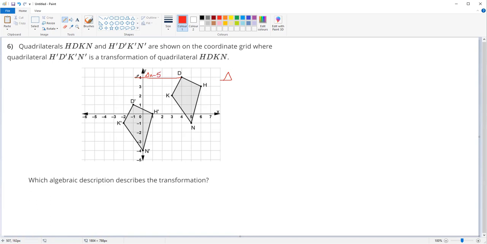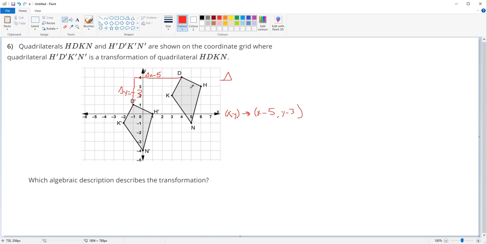My delta y is 1, 2, 3, so delta y equals -3. That's one way you can do it. And then you can say that my x comma y is drawn from x -5 comma y -3. That's one way to do it.